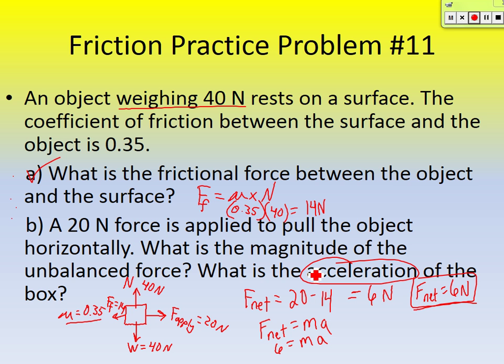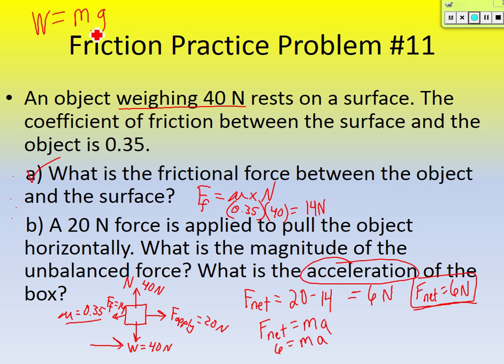How many of you guys got stuck right here? If you got stuck right here, how do we figure out the mass of this object? Here's a hint. Do we have the weight of the object? And weight is equal to what, guys? mg.